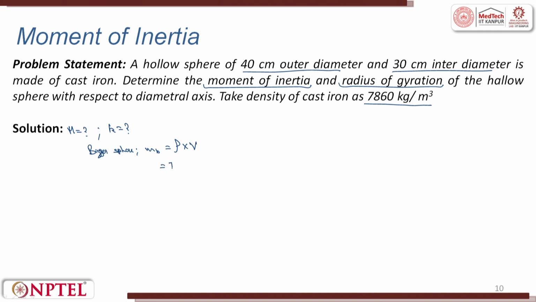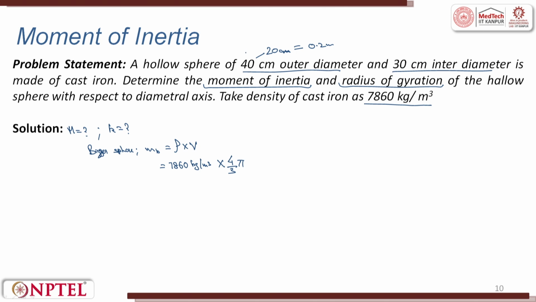Density is given 7860 kg per meter cube, and its volume should be 4 by 3 pi r cube, where r is the radius of the sphere. It is 40 centimeters dia, which means the radius is 20 centimeters. 20 centimeter means it is equal to 20 by 100, that is 0.2 meter.